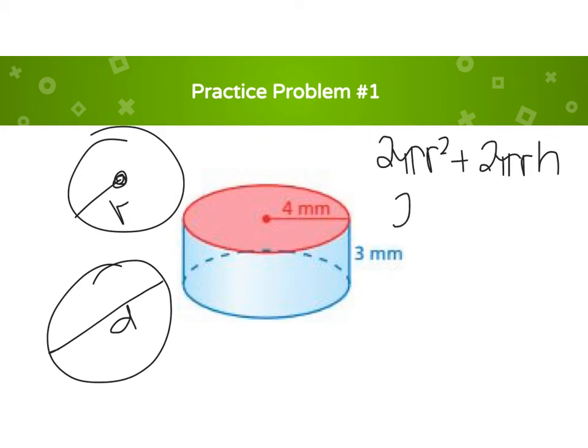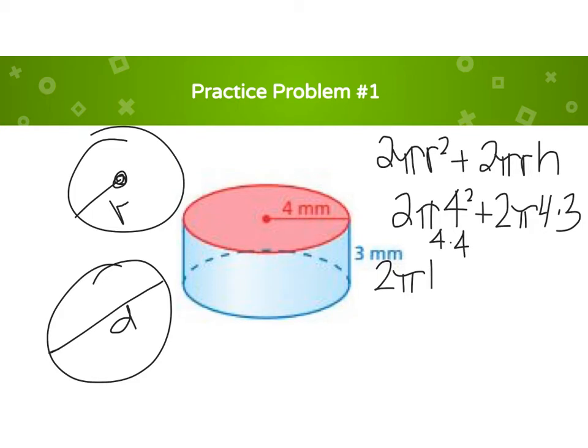So 2 pi 4 squared plus 2 pi 4 times 3. Okay? All right, I'm going to do the exponents first because Please Excuse My Dear Aunt Sally tells me that's what I should do. So 2 pi, this is 4 squared, which means 4 times 4, so 16.